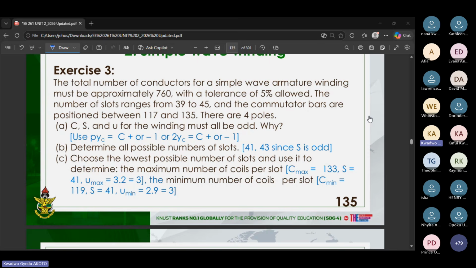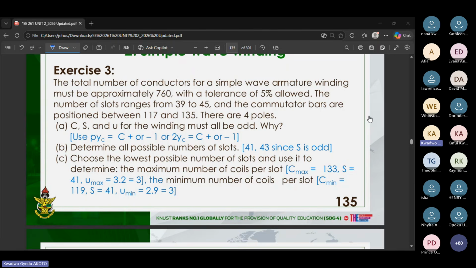So it's between 39 and 45. And the commutator bars are positioned between 117 and 135. S and U must be odd.